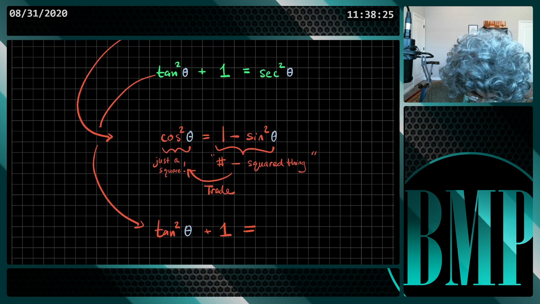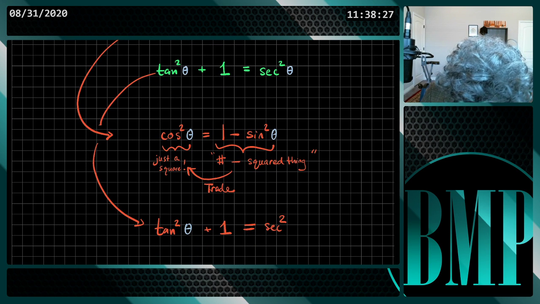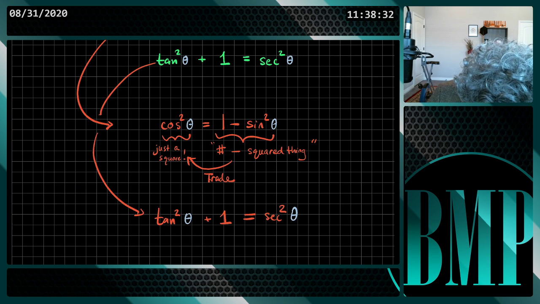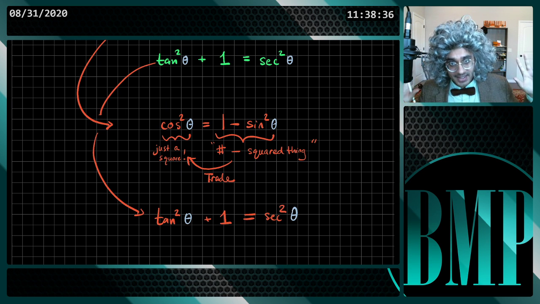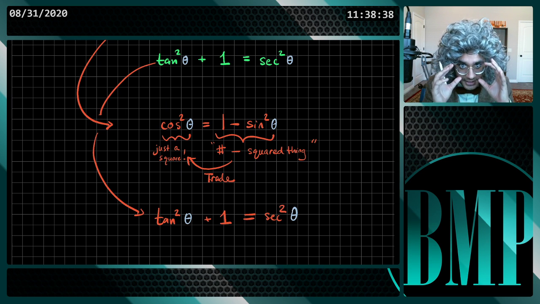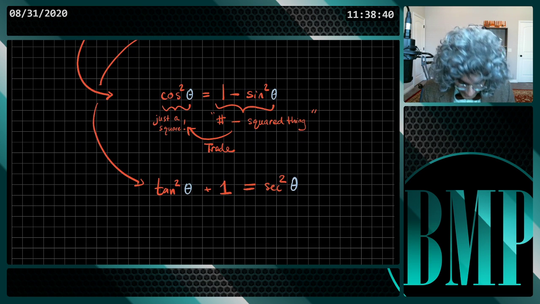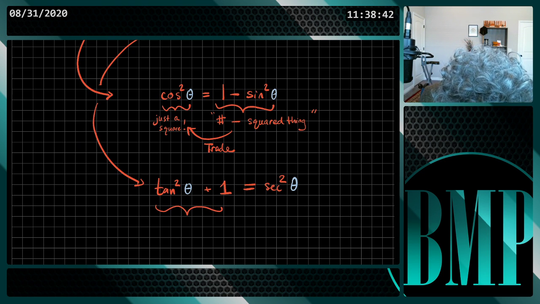Okay. So the fundamental point of view in trig substitution, the lens by which you're viewing it, is that this side is a number plus a square.